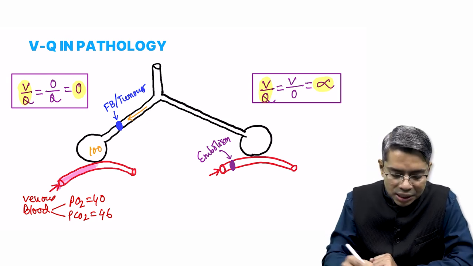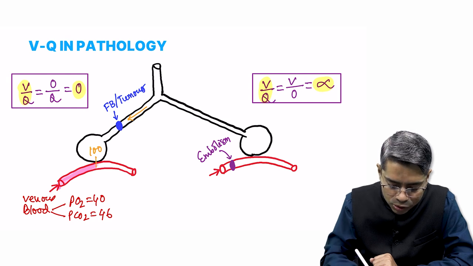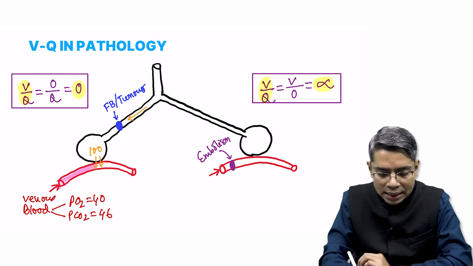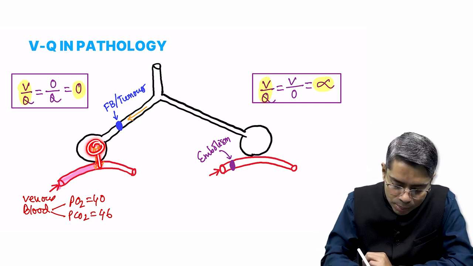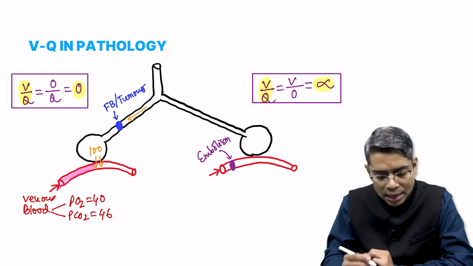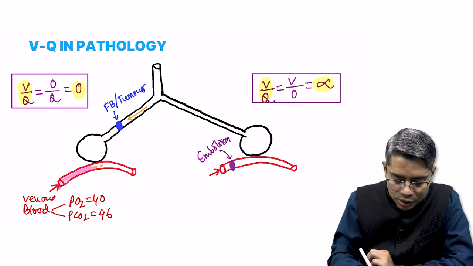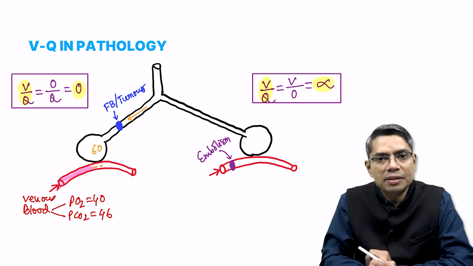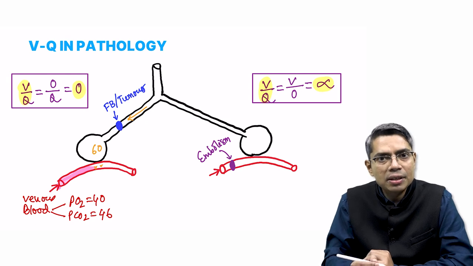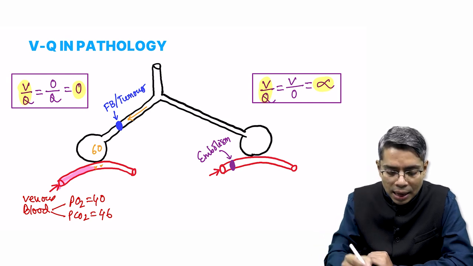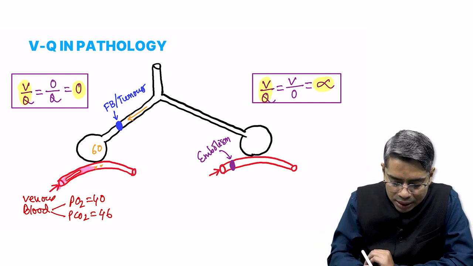So initially this oxygen exchange will continue, but more oxygen is entering from this alveoli to the blood. What will happen to the partial pressure of oxygen in this alveoli? The partial pressure of oxygen will gradually decrease, maybe 80, maybe 60. So there is a gradual decrease in partial pressure of oxygen in the alveoli, and the blood is taking that oxygen more and more.